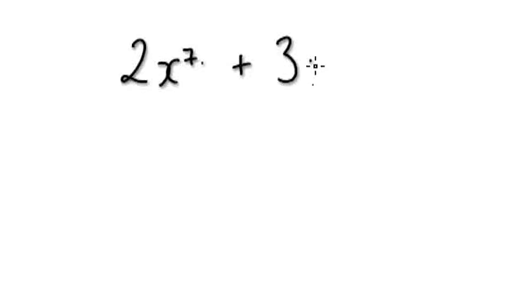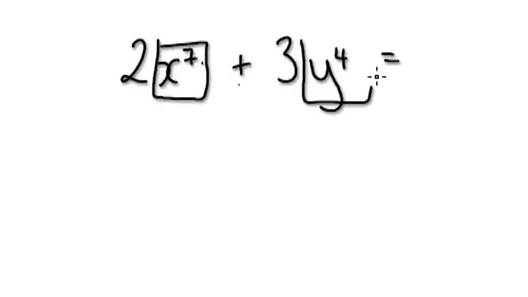Let me do a few more examples, then you'll see what I mean. Let's say 2x to the power 7 plus 3 y to the power of 4, say. Here you can't add the two because this is different from this. But you can times the two. So what's this here? Well, the number multiplied with the number.